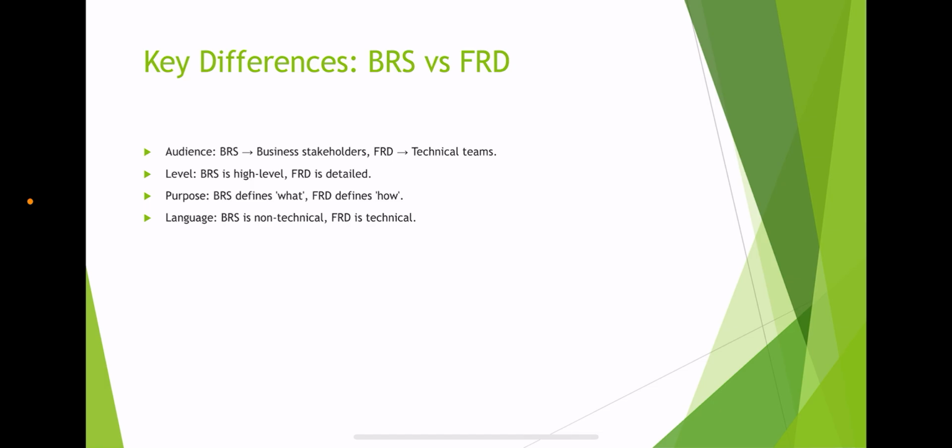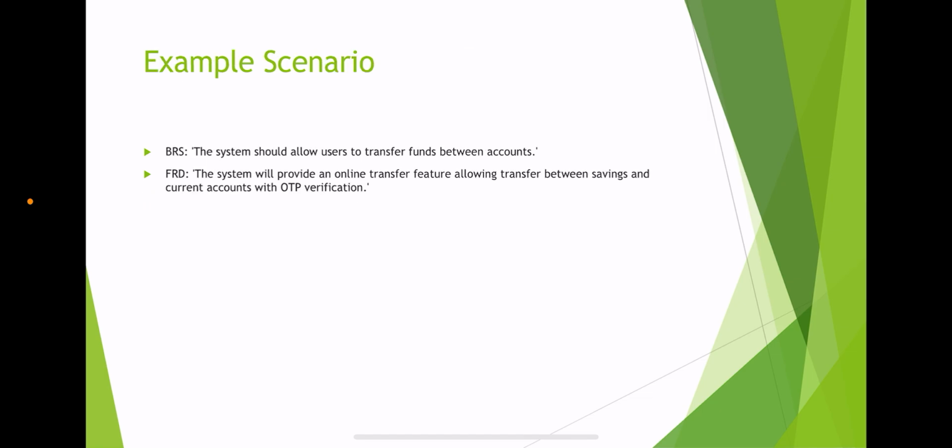Whereas the level of BRS and FRD is, in BRS, as we know, a high level document, whereas FRD is a very detailed document. The purpose of BRS is what to implement, whereas FRD defines how to implement. The language of BRS is generally non-technical, whereas the language of FRD is technical. It is a high level difference between the BRS and FRD.